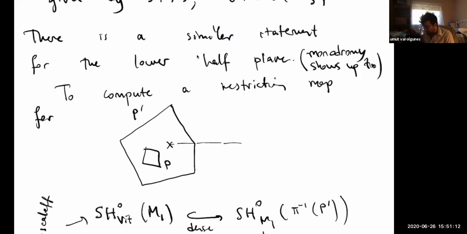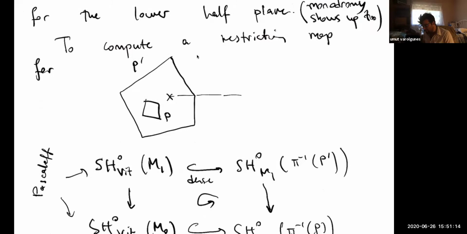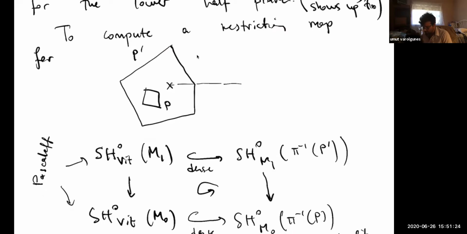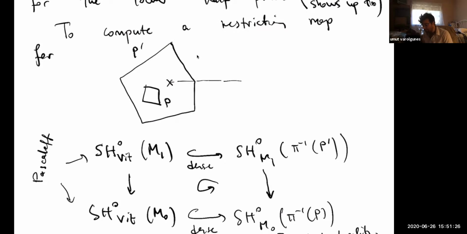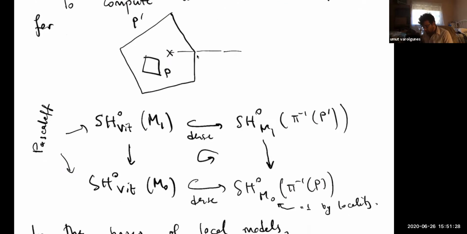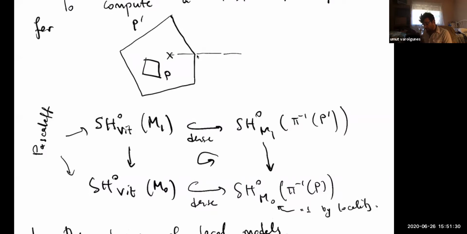So I think the right way to compute the restriction maps is maybe the following. I want to understand the restriction map from P prime to P, so the preimage of P prime to the preimage of P. This is a picture in the base of M1, so B1. Supposedly I understand everything about this Viterbo invariance.